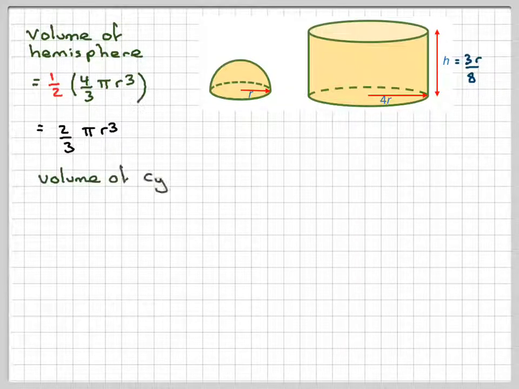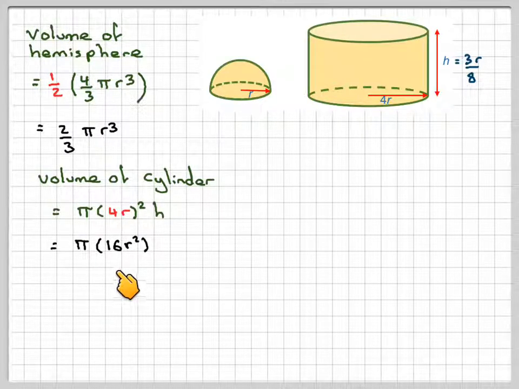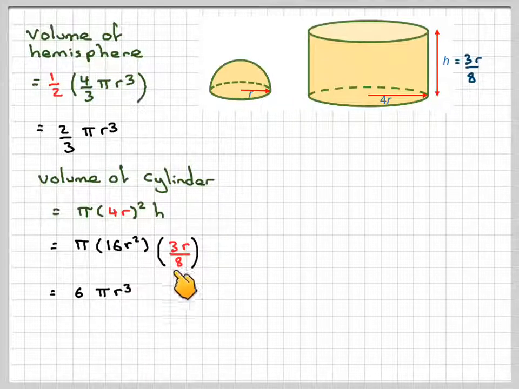The volume of the cylinder is pi r squared h, so that's going to give me pi times my radius, which is 4r, all squared, so we need to put brackets around the 4 and the r, times the height, which gives me pi times, now when we square the 4 we get 16 r squared, and h is 3r over 8. 8 goes into 16 twice, so 2 times 3 gives me 6, so we're going to get 6 pi, and r squared times r gives me r cubed.